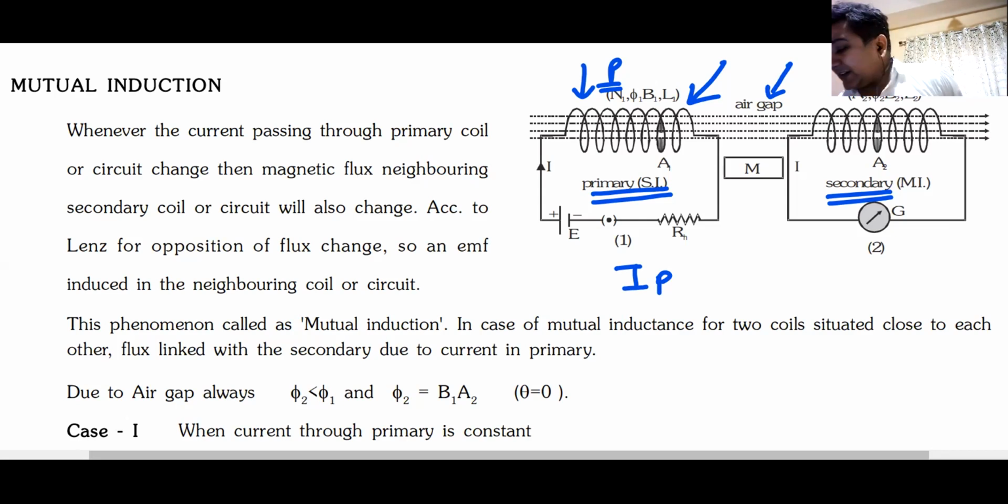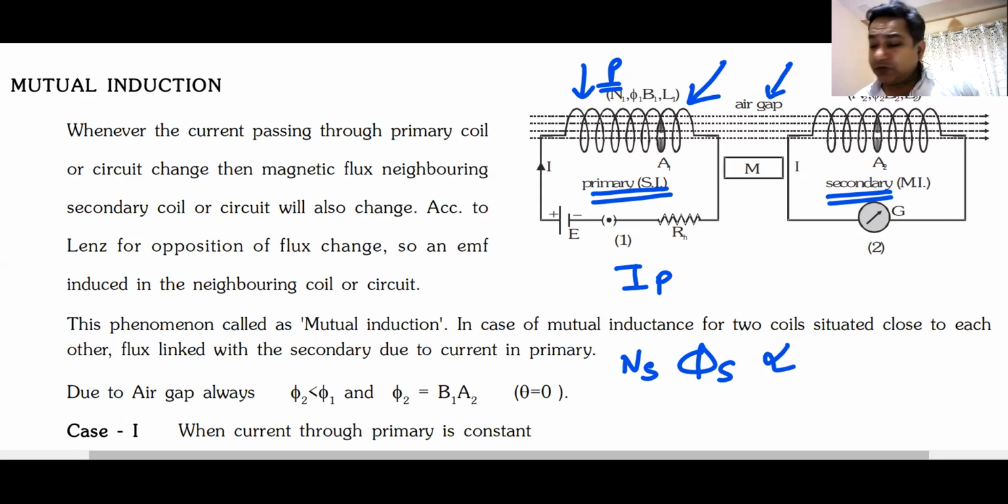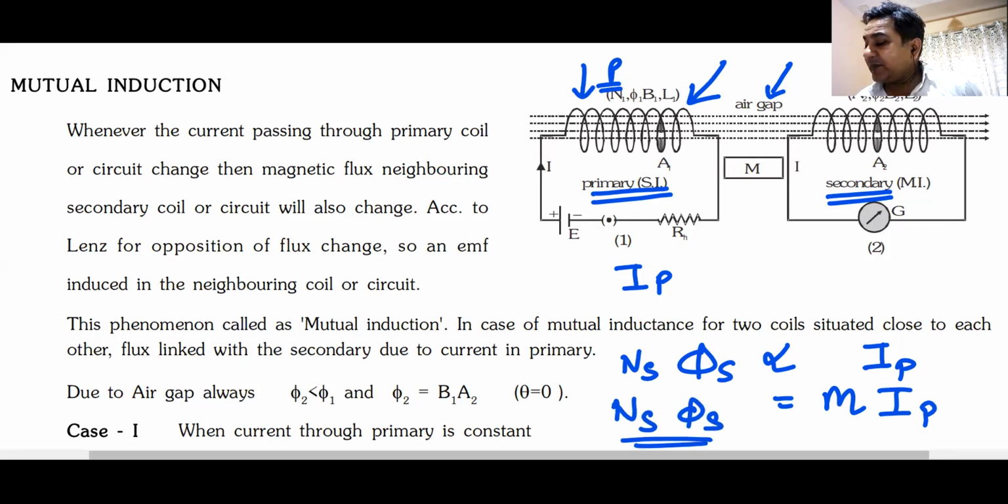The total flux linked in the secondary, N_S into phi_S, will be proportional to the current in the primary. Or you can write that it is equal to the mutual inductance M multiplied by the current in the primary.